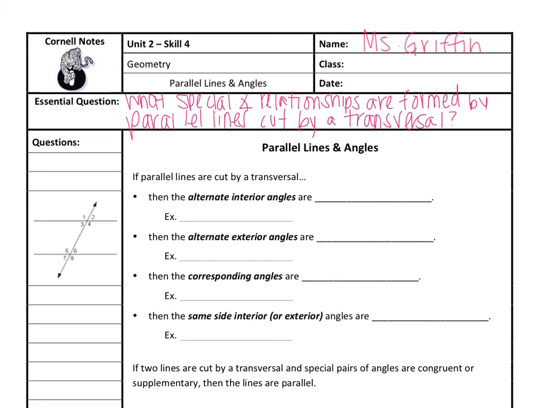What special angle relationships are formed by parallel lines when cut by a transversal?